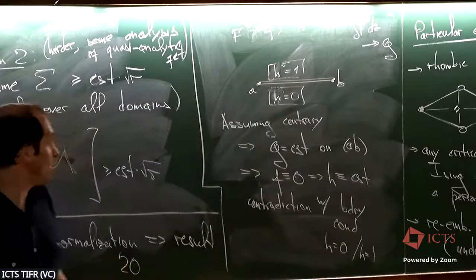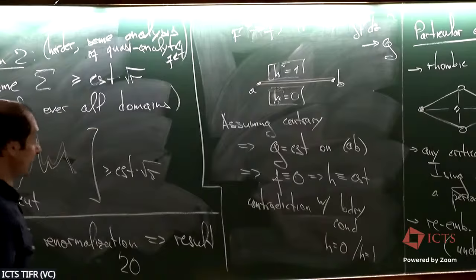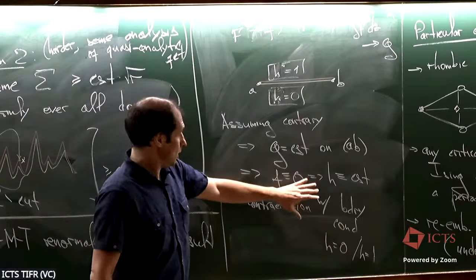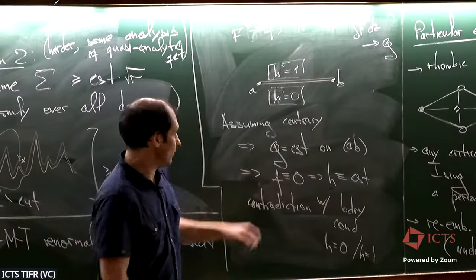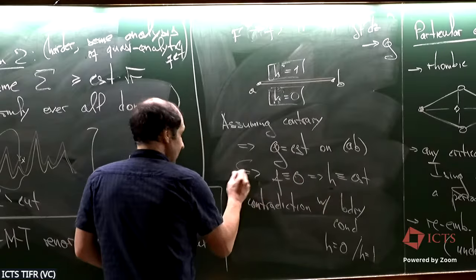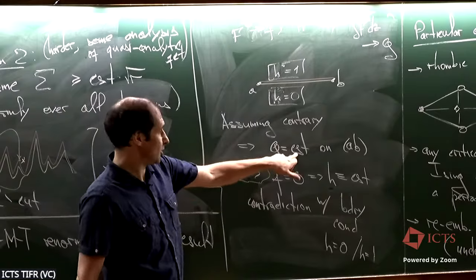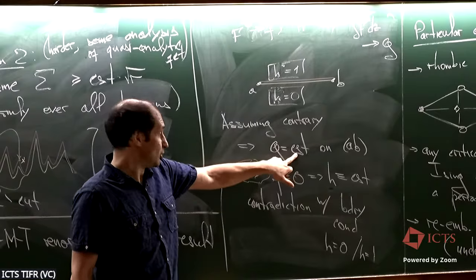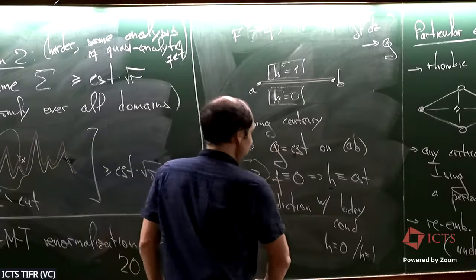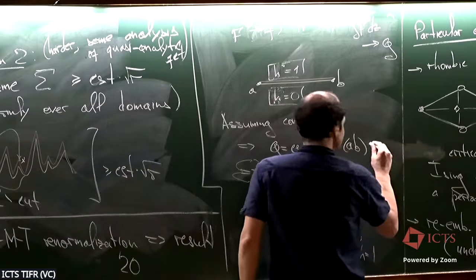Now, what is the problem when the domain is not flat? There is a technical problem here. When I say that my function is constant, and because of that it should be constant everywhere, let me introduce one more step: g is constant.